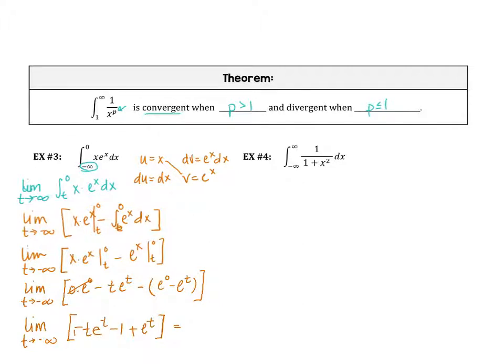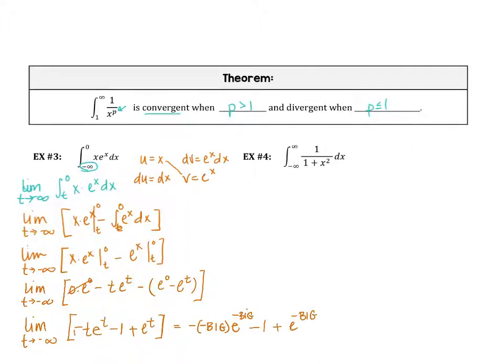So this first part here, we have the negative, and then we have negative big, e raised to the negative big. So all of that's going to go out to 0, minus 1 plus e again to the negative big.